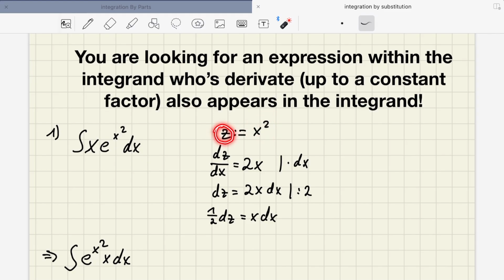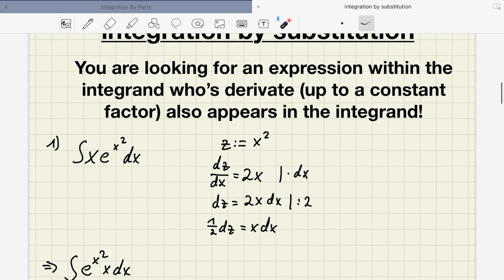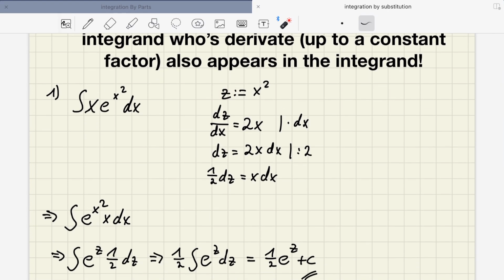You define z to be x to the power of 2. Then you differentiate this function, which gives 2x, you multiply by dx, and now you put this side of the equation in a form where you directly find what you can substitute here.